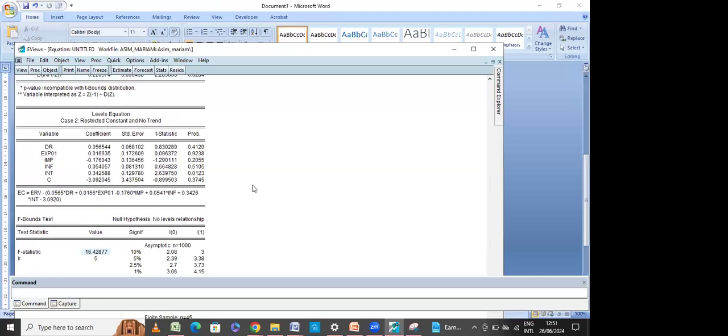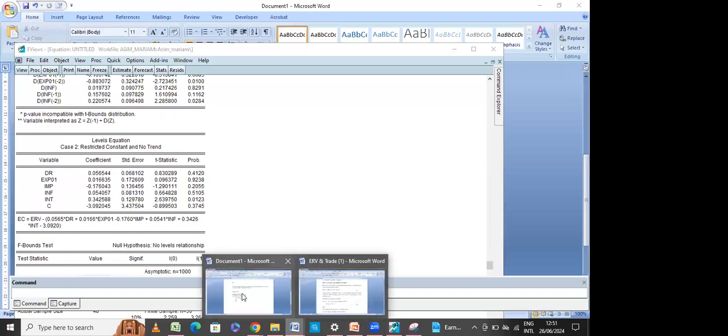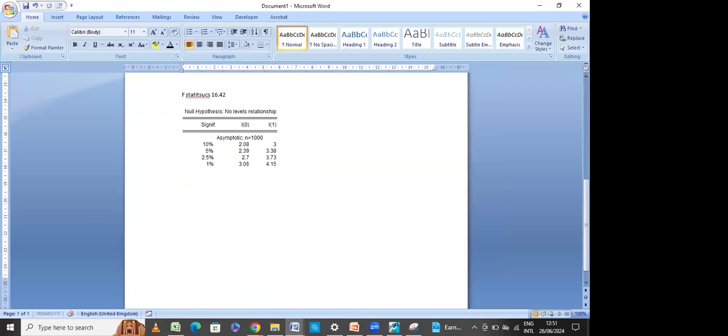Now, the second thing, regarding long run estimation and short run estimation. Now, the question is what is long run estimation and what is short run estimation?